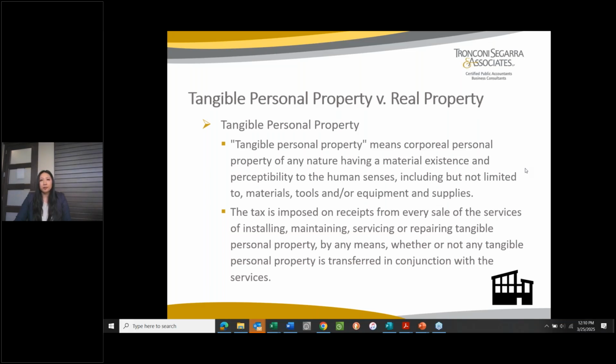So tangible personal property, or TPP, is items that can be physically touched. Some examples would be tools, materials, supplies, vehicles. New York State imposes tax on the sale of services of installation of TPP, as well as repair and maintenance of TPP.